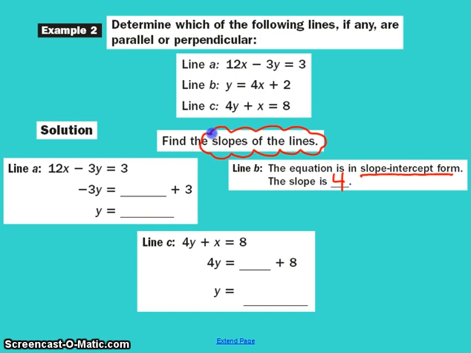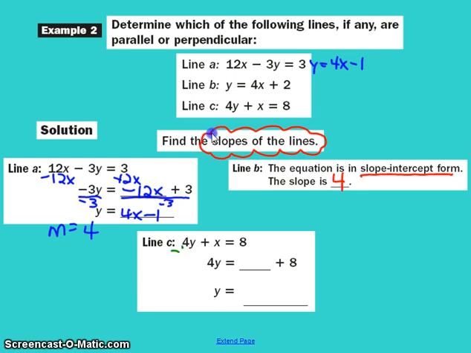So let's get line A to be in slope-intercept form. Subtract 12x on both sides. Divide both sides by -3. And y equals 4x minus 1. So the slope of line A is 4. Notice that that is the exact same slope as line B.